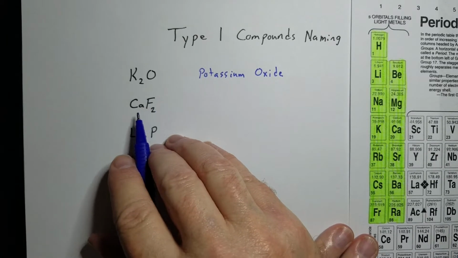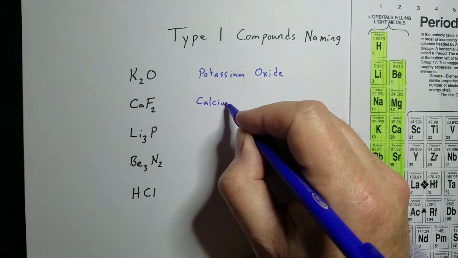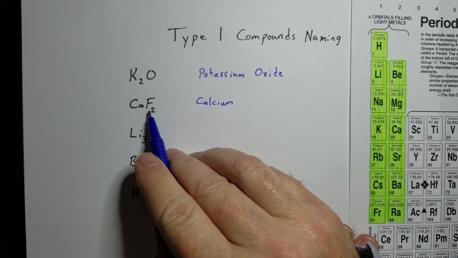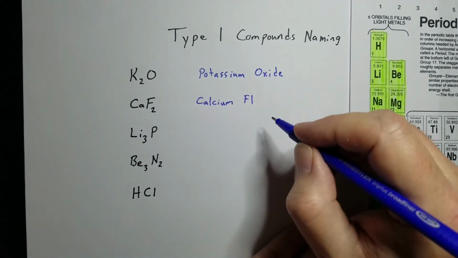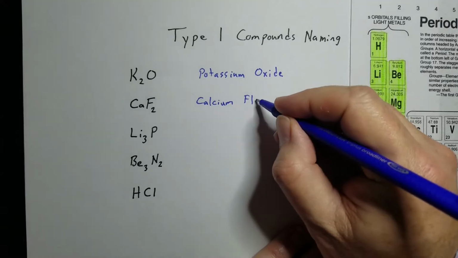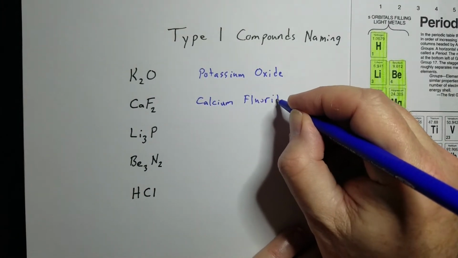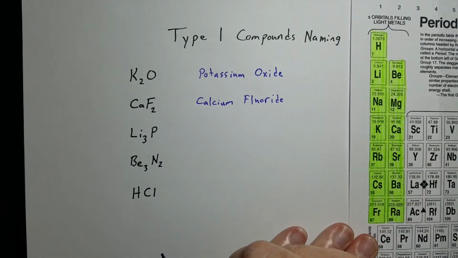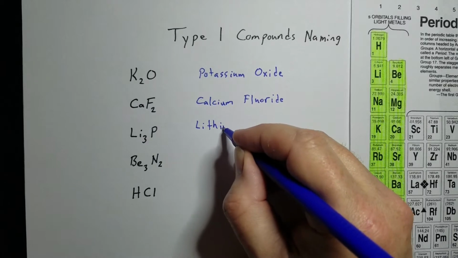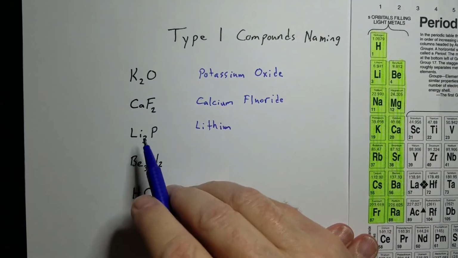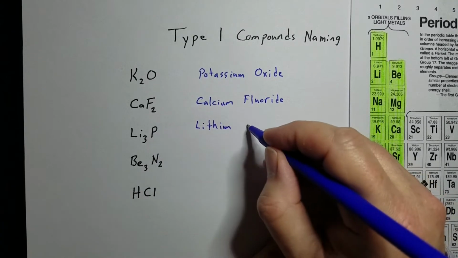So this one, calcium. And then it's fluorine, so now it'll be fluoride. So calcium fluoride. Lithium. And then P is actually phosphorus, so it'll be phosphide.